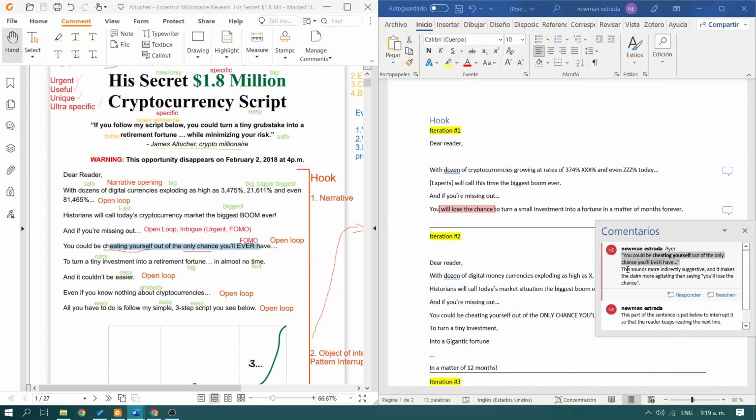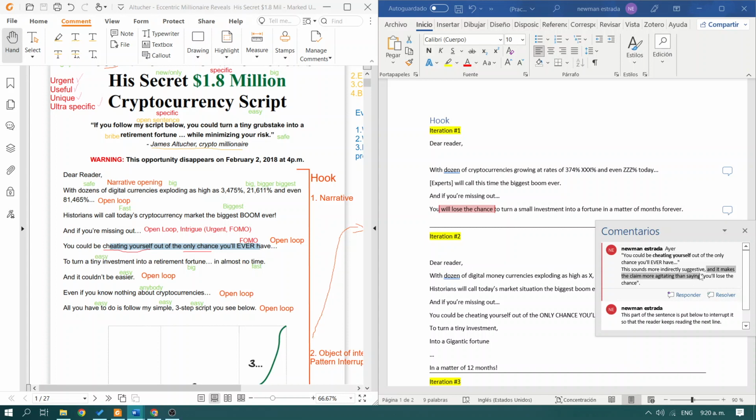I think that this sounds more indirectly suggestive. Like he's not saying you will lose the chance or you will not make money. He's not saying that. He's just suggesting it indirectly. Right? It's less direct. You could be cheating yourself. But although it isn't direct, it makes the claim more agitating than saying you lost the chance.